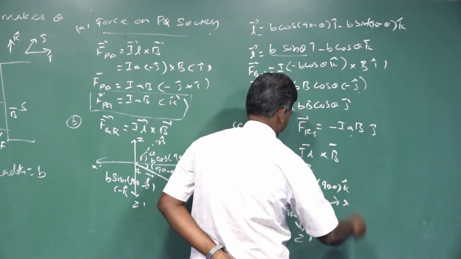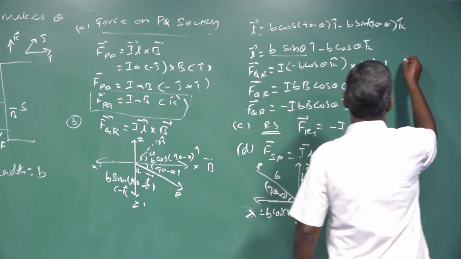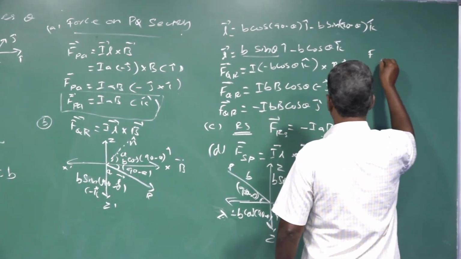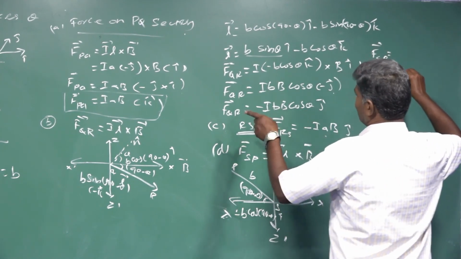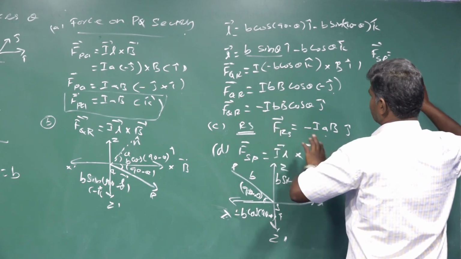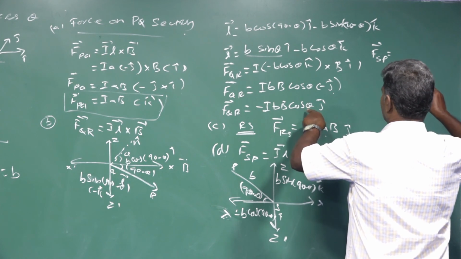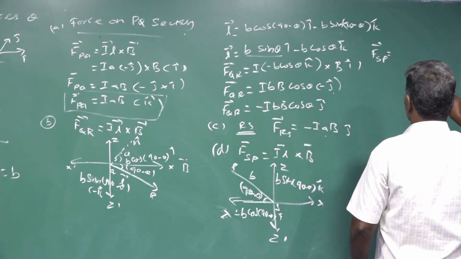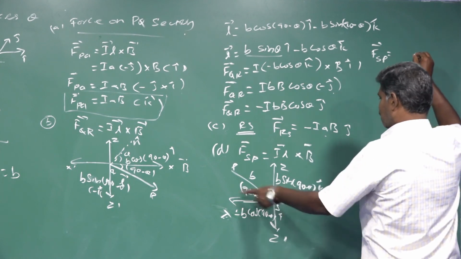into k cap. So based on that, we will get the fourth force F SP vector. Already we got that for the QR side it is minus I b B cos theta into j cap, but this side is the opposite side.